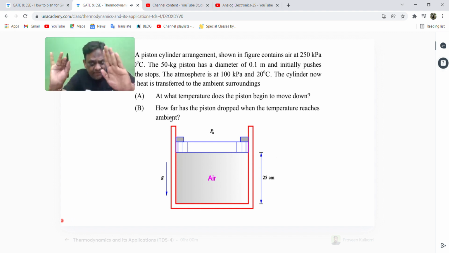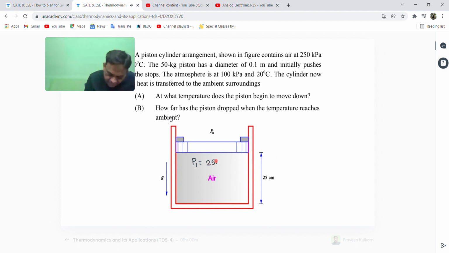एक second इधर देखना. There is a gas initially at a pressure of 250 kilopascal, and its temperature is 300, so 573 Kelvin. Please note down carefully.